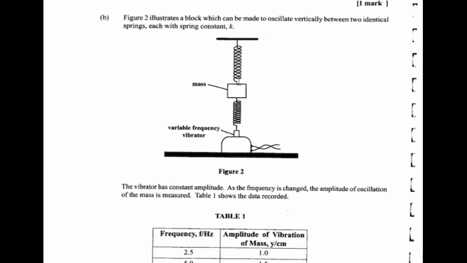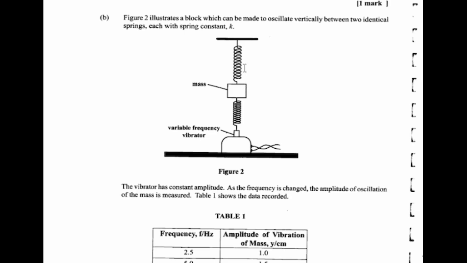Now, this mass spring system is held by two springs, one at the top, one at the bottom, and the mass is in the middle. The oscillation is the mass moving from its equilibrium position, which is about halfway between here and here. Then it's going to move upward or downward, depending on where it goes first. But let's say for this argument, it moves upward.